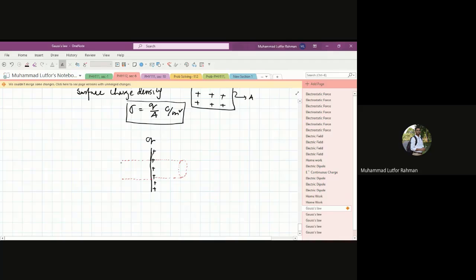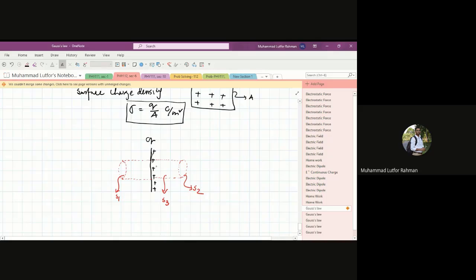That means this Gaussian surface is on both sides of this sheet, the left side and right side of that sheet. So I'm going to label these surfaces. This is surface 1, this is surface 2, and say this is surface 3. That's why I label it.